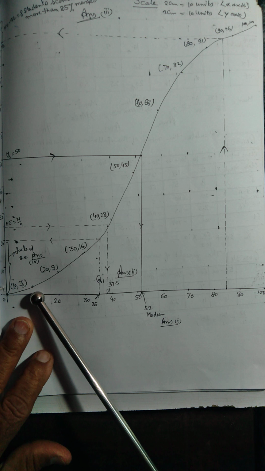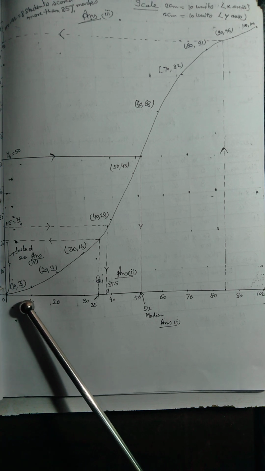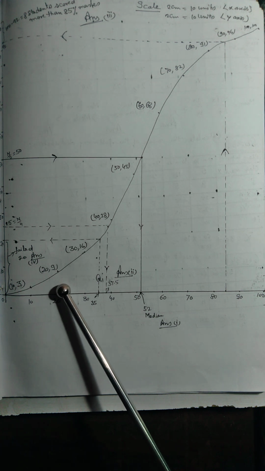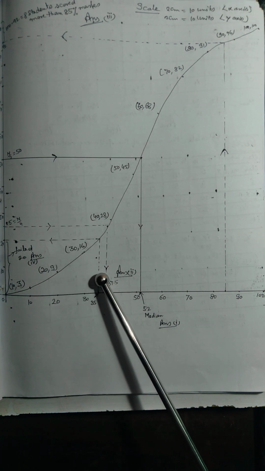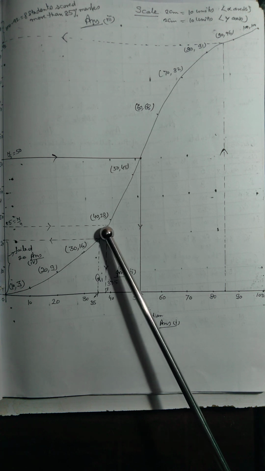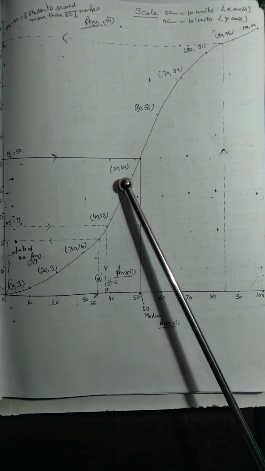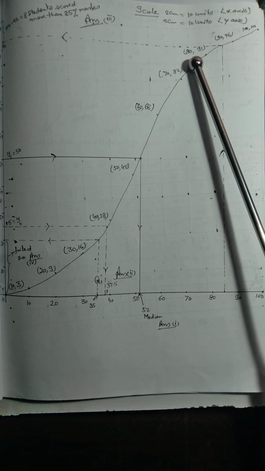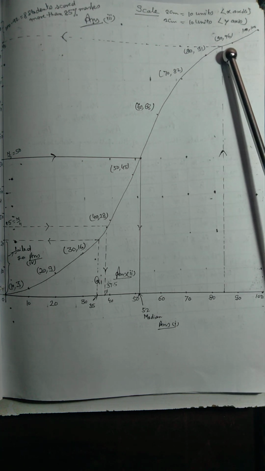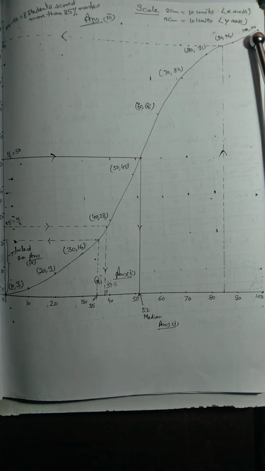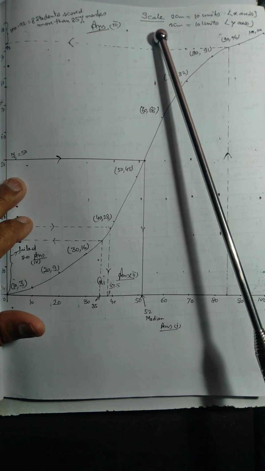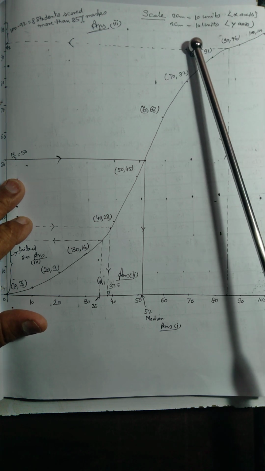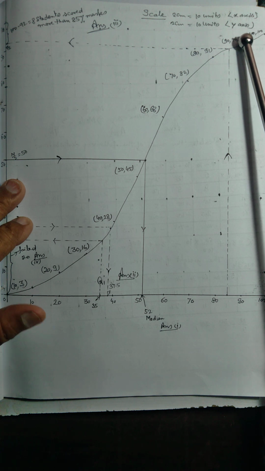Upper limit, you see, upper limit, there is 10 and 3, 20, 9, 30, 16, 40, 28, 50, 45, 60, 68, 70, 82, 80, 91, 90, 96, 100, 100. Here I have taken the scale: 2 cm is equal to 10 units along the x-axis, 2 cm is equal to 10 units along the y-axis.